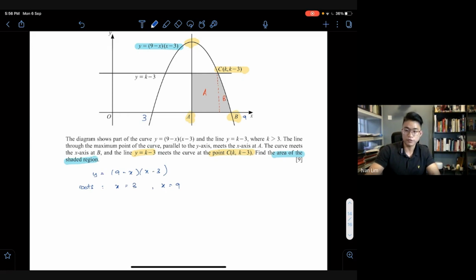I can straight away find B already. Okay, 3 and 9 to find my maximum point. You all have to remember there are many ways to find maximum and minimum point. Maybe we just recap a bit. Maximum, minimum point. Okay, who can remember what are the different steps? CTS.